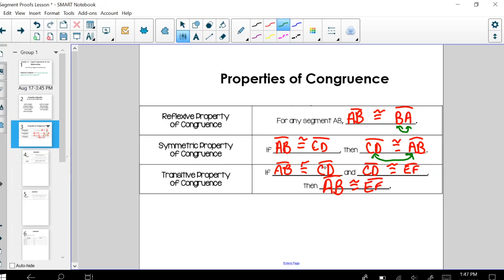So this last one here, because they're both congruent to segment CD, that means that they're congruent to each other.